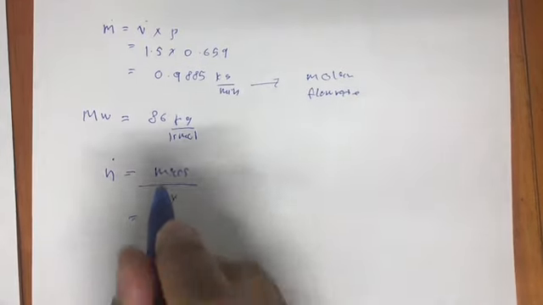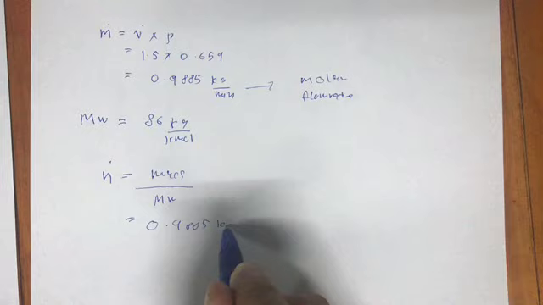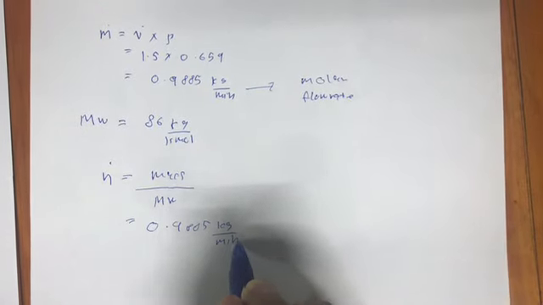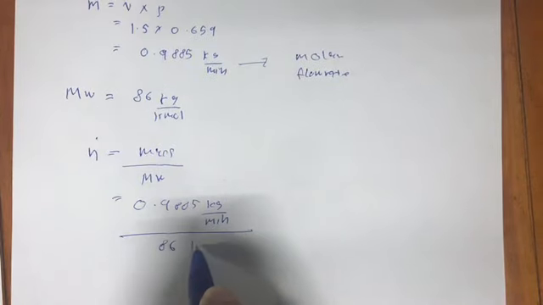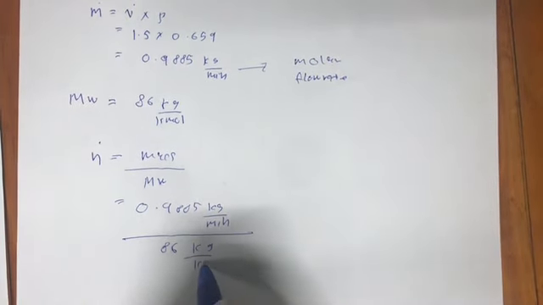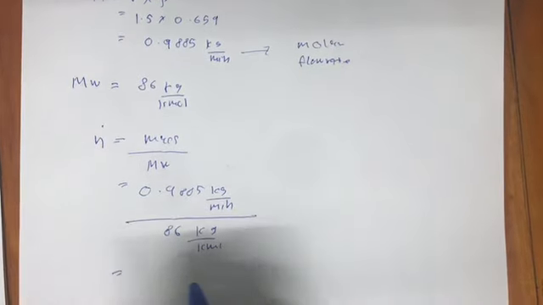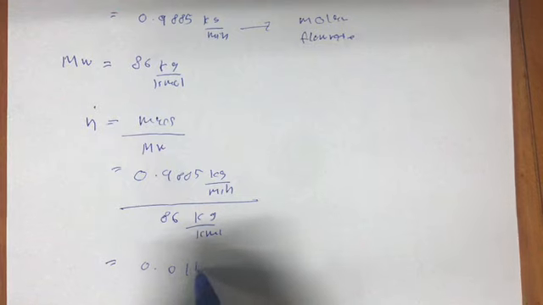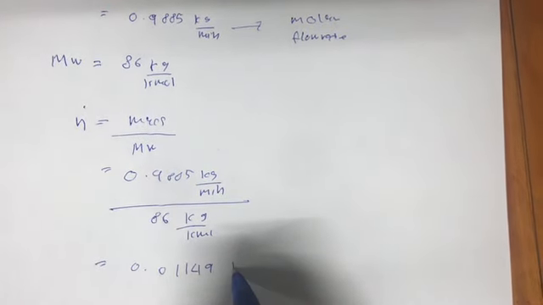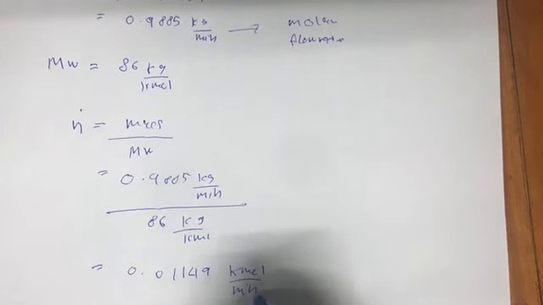So the mass here is 0.9885 kg per minute divided by the molecular weight, 86 kg per kmole, and the final answer is 0.01149 kmole per minute.